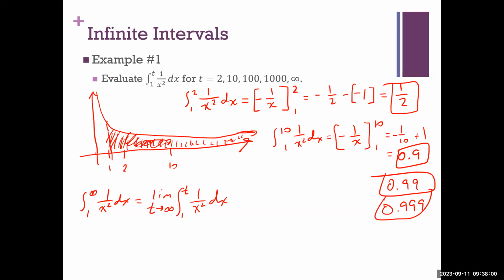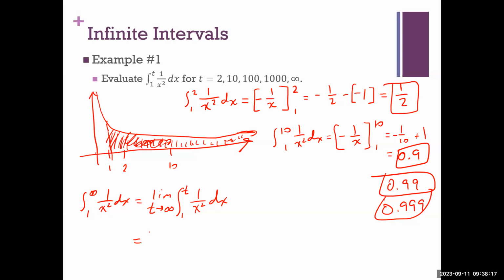So I don't want to treat infinity like a number, but I can treat it as t just getting arbitrarily large.